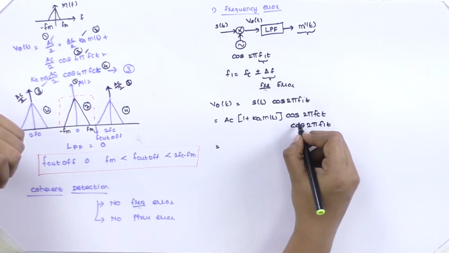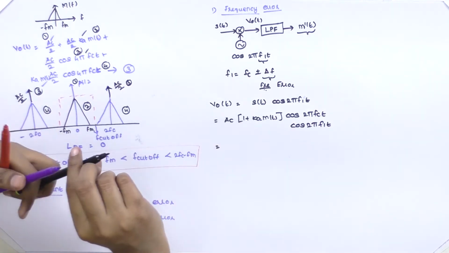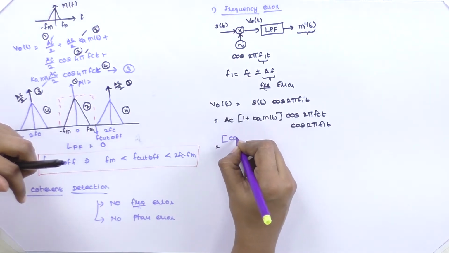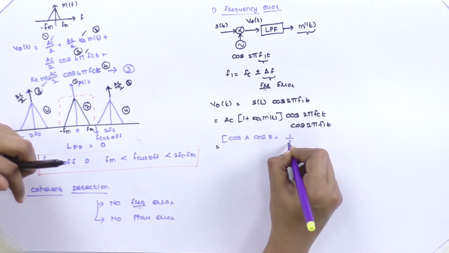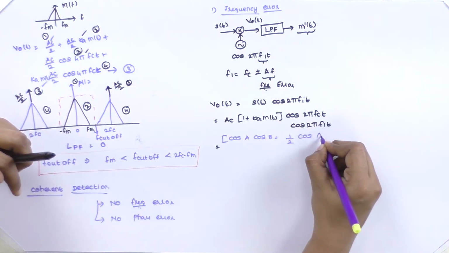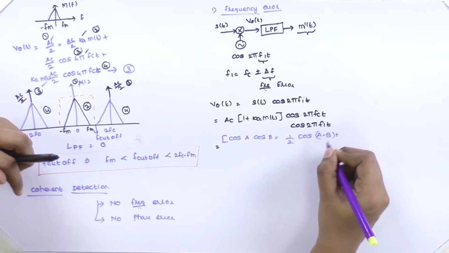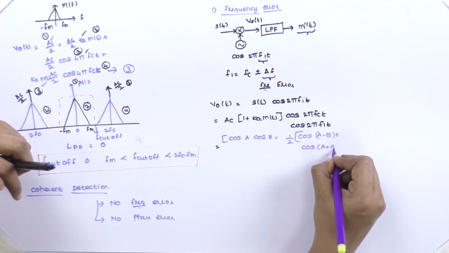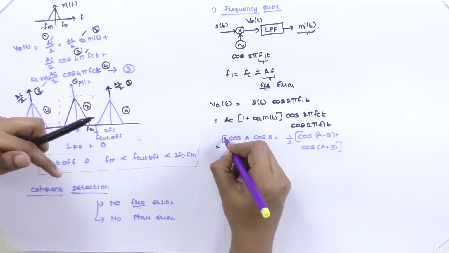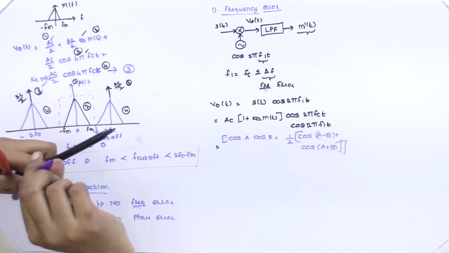Here, from the trigonometric identity we know that cos A cos B is equal to 1 by 2 into cos of A minus B plus cos of A plus B. This is for our reference.